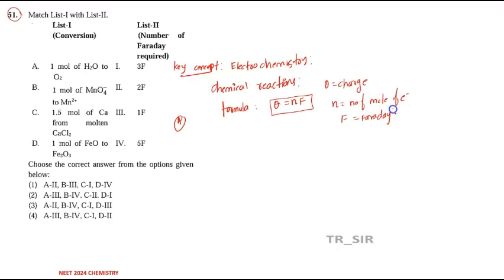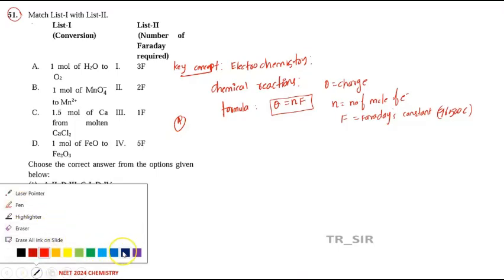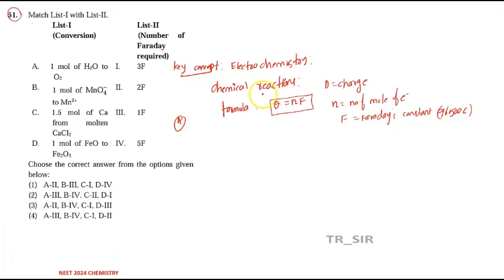F is Faraday's constant. That constant value we know, that is 96500 coulombs.